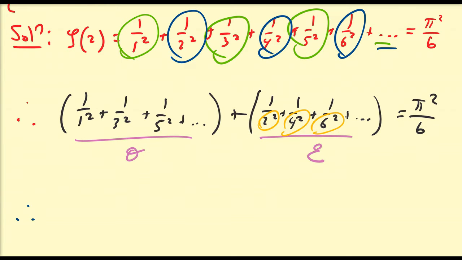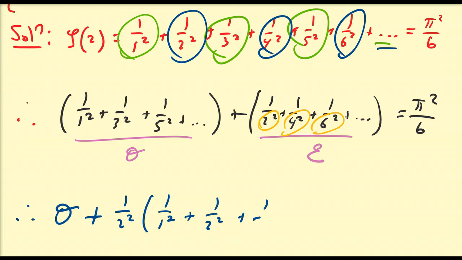So I'm going to factor out 1 over 2 squared from that entire series. So I have 1 over 2 squared times 1 over 1 squared plus 1 over 2 squared, 2 squared times 3 squared is going to be 6 squared, so 1 over 3 squared plus 1 over 4 squared plus and so on. This must be equal to pi squared over 6.